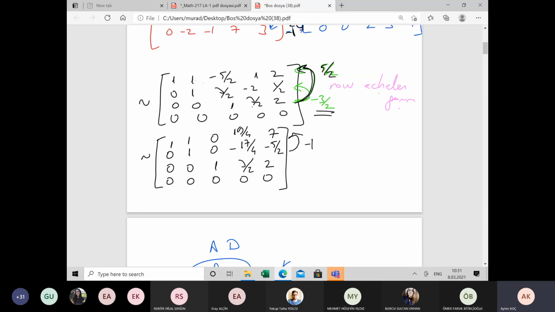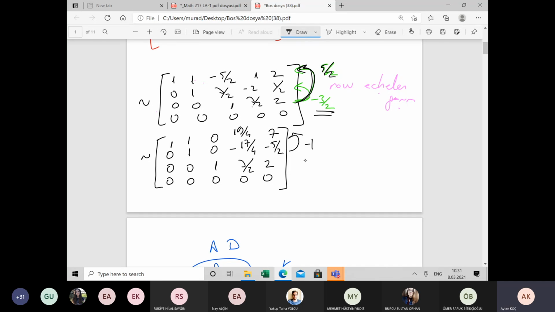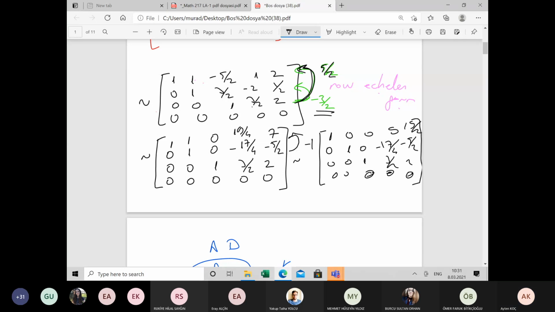So it is row equivalent to, yes, the same. 1 0 0 9, this one. It's okay. Any question? We obtain reduced row echelon form. It's okay. Any question? No question. Let's stop here.